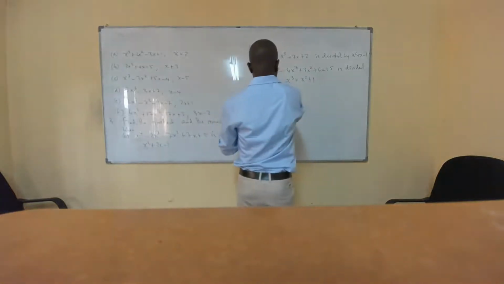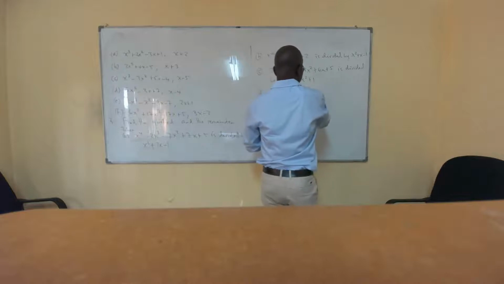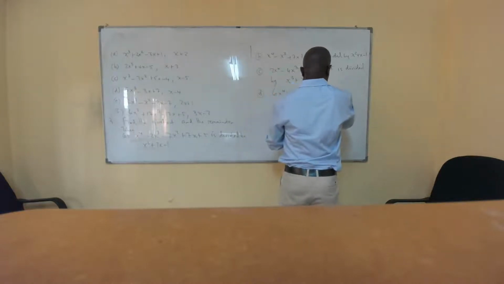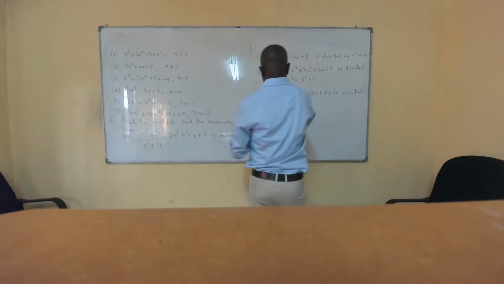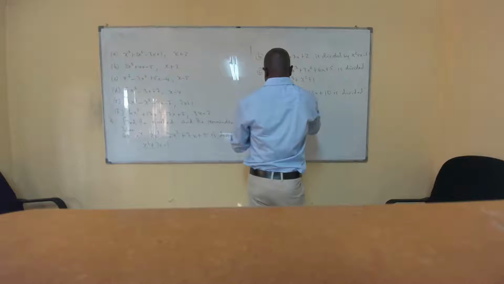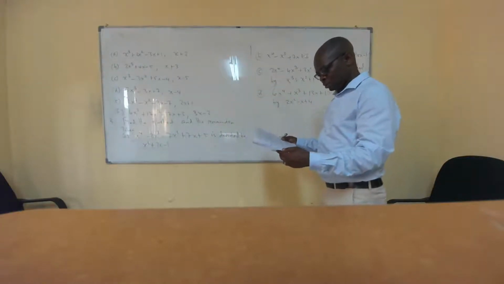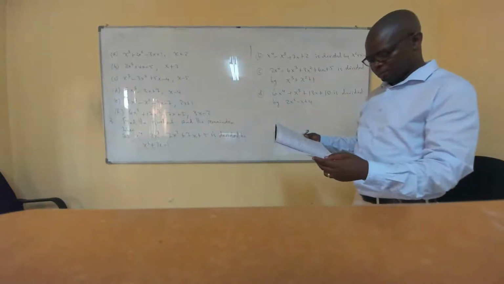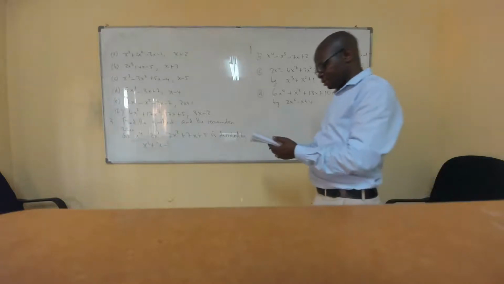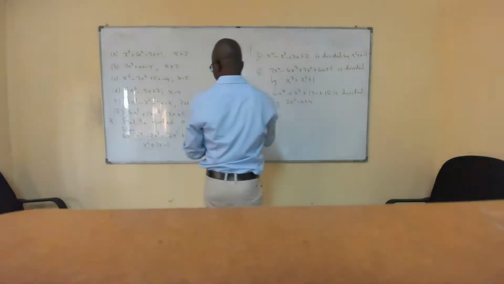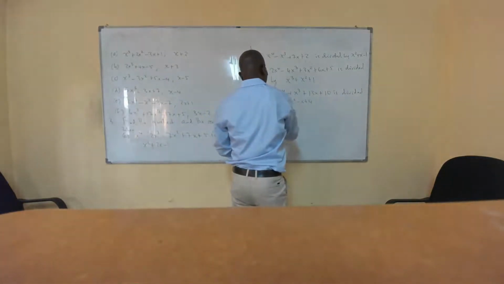D, 6x to the power 4 plus x to the power 3 plus 13x plus 10 is divided by 2x squared minus x plus 4. So more problems will be added. You'll see many problems in the lecture notes to be distributed soon.